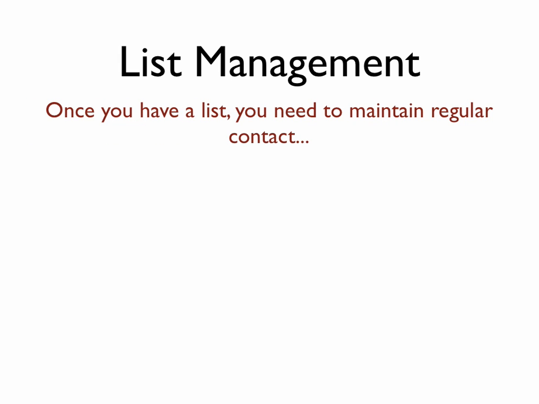Once you have a list, you need to maintain regular contact with these people. Some list owners, like full-time internet marketers, like to mail their list every single day. Personally, I find that a little excessive. For any standard business owner, whether you own a restaurant or a spa or any kind of business you can think of, sending out a message to your list once a week is on average a pretty good idea. It reminds them that you're there.